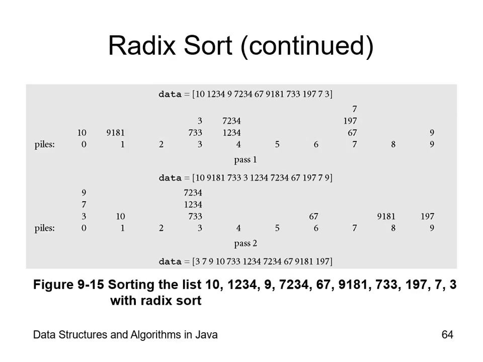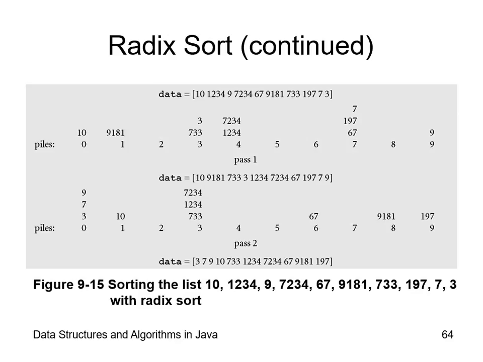Go to Q3. 1, 2, 3, 4, go to Q3 again, second digit from last. 7, 2, 3, 4. 67. 197. Go to Q0. Now what happened? Now we're going to dequeue.